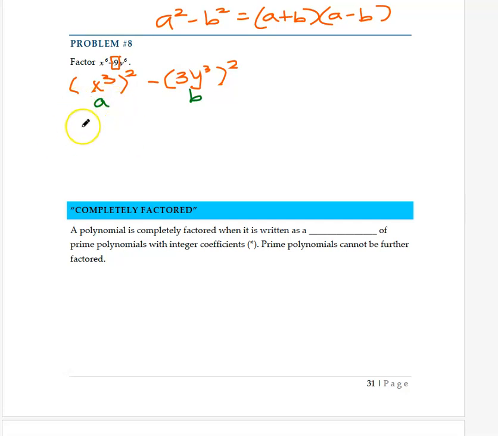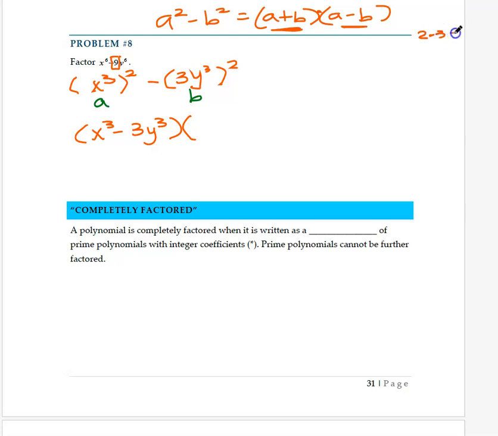So my first parenthesis, A minus B, is going to be x cubed minus 3y cubed. And then my second parenthesis is going to look just the same, except now it's going to be connected by an add sign. I did the minus one first, but it doesn't matter which one of those factors I write first, right?